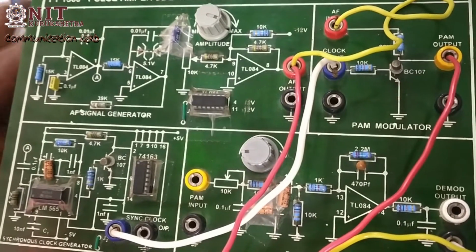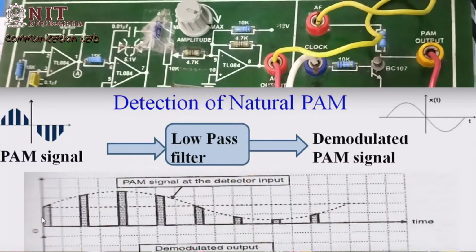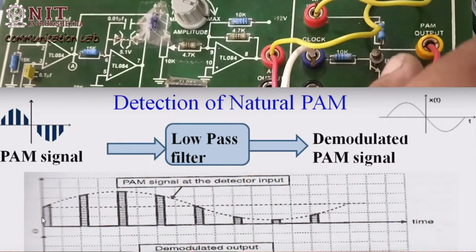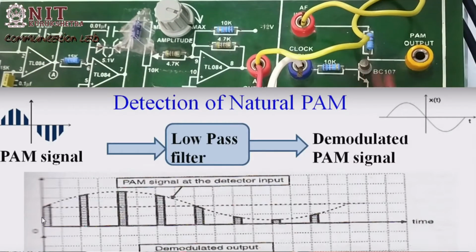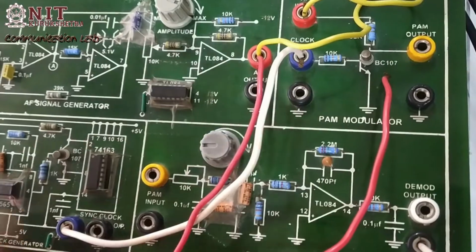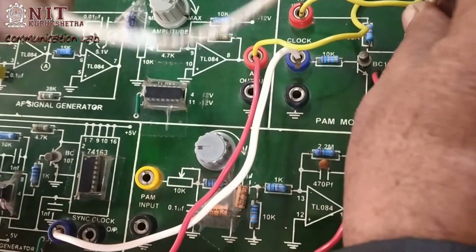Finally, we see the demodulation at different amplitudes. So we connect the modulated output to our demodulator section.